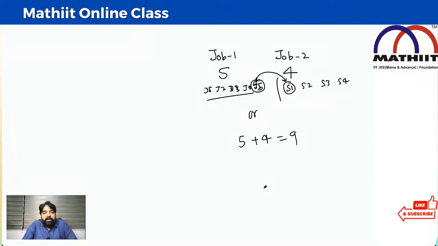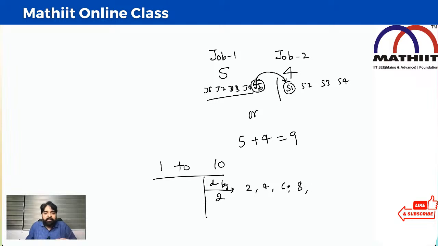Or let's take an example. From 1 to 10, how many numbers are divisible by 2? Listen carefully, everybody. Don't write anything. You'll say, sir, 2 is there, 4, 6, 8 are there. Between 1 and 10, yes or no?